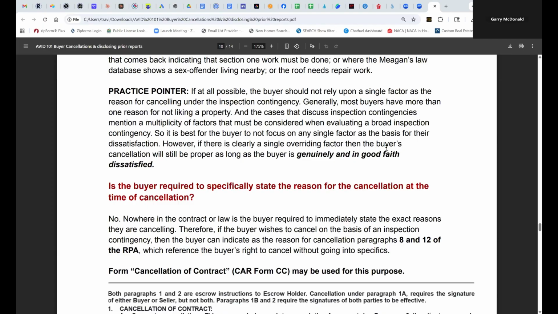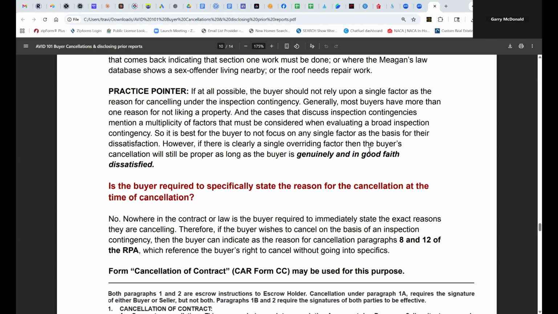Practice pointer: if at all possible, the buyer should not rely upon a single factor as a reason for canceling under the inspection contingency. Generally, most buyers have more than one reason for not liking the property. And the cases that discuss inspection contingencies mention a multiplicity of factors that must be considered when evaluating a broad inspection contingency.